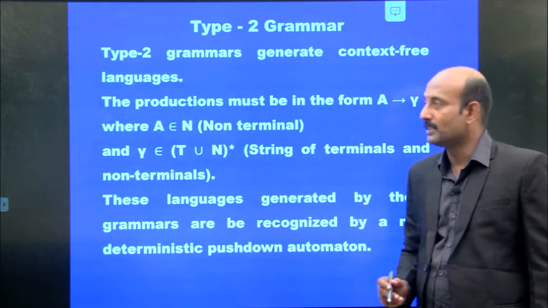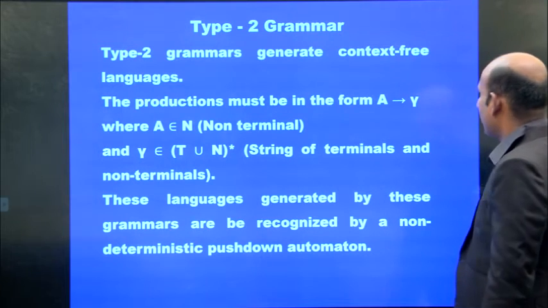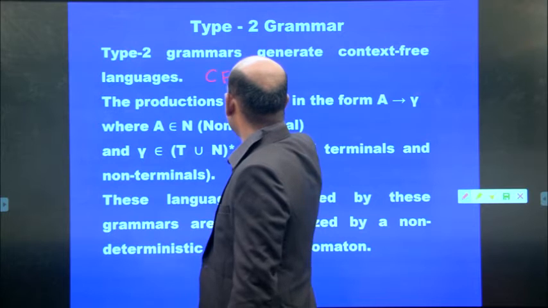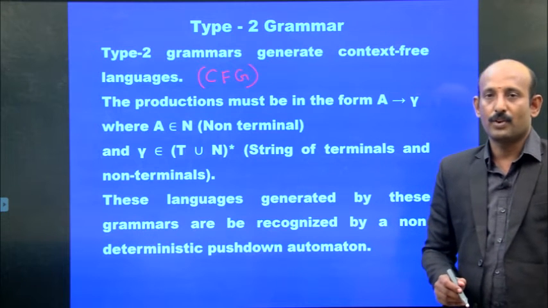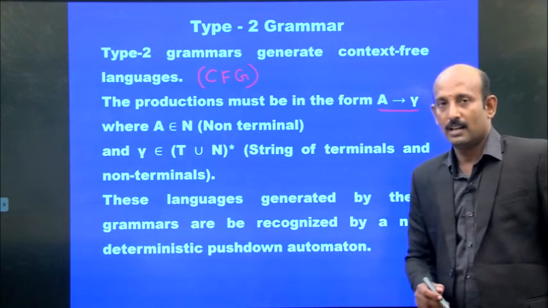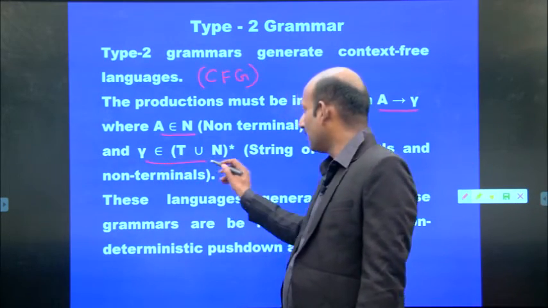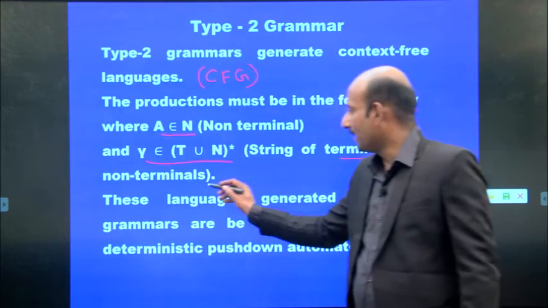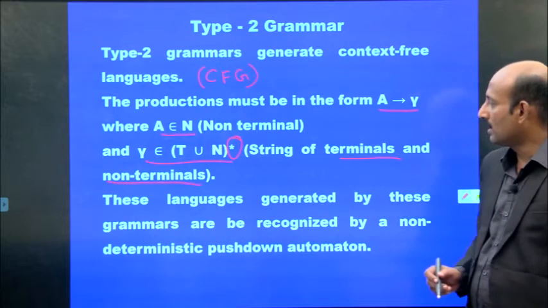Now, let's see the type 2 grammar, which we can also call a context free grammar, abbreviated as CFG. CFG stands for context free grammar, where the productions are in the form A gives gamma, where A belongs to the non-terminals and gamma belongs to the strings of terminals and non-terminals, with zero or more occurrences.